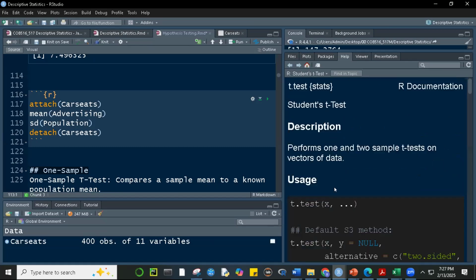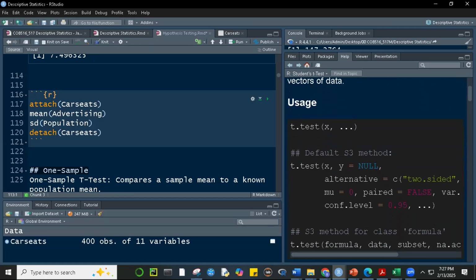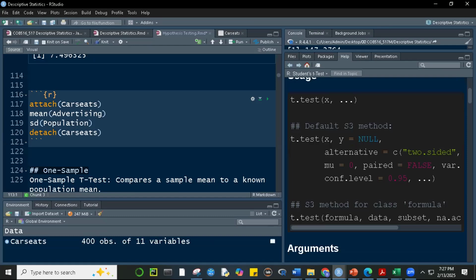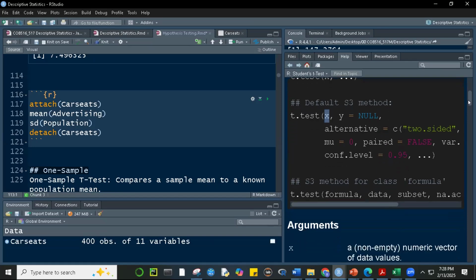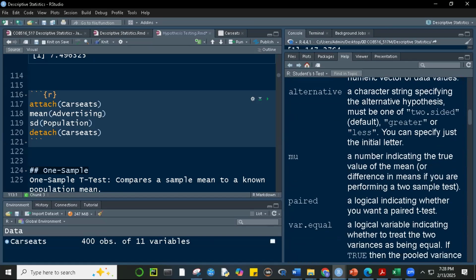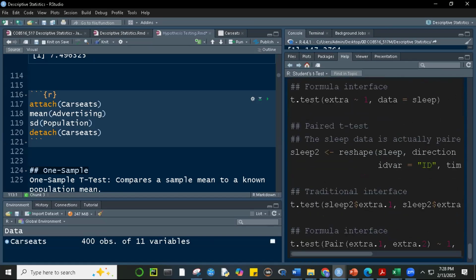If we click this, it will give us some information about the test. If you take a look at the full scope of the test, there are many parameters. You have first your data, and then your null alternative, whether it's two-sided, and then your mean, what's the average, and then is it paired? And then the confidence level. So there are many parameters that you can insert, but the basic one is just to identify, just like what we did.